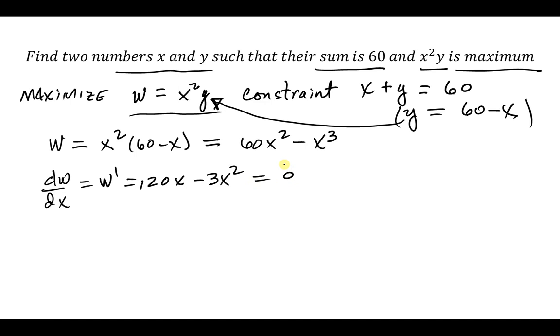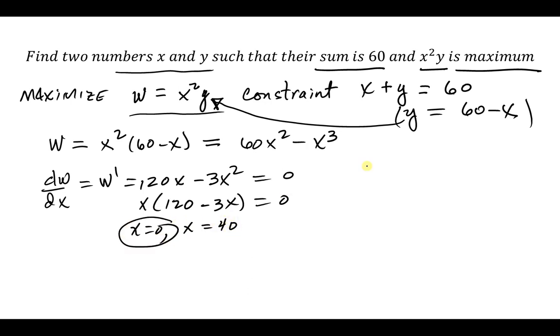And factoring, we get x times 120 minus 3x equals 0. And we get that x equals 0 and x equal 40.